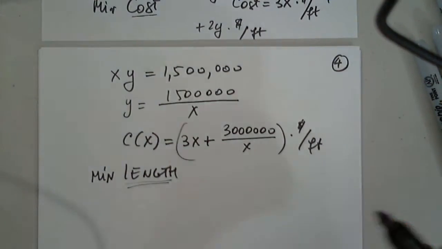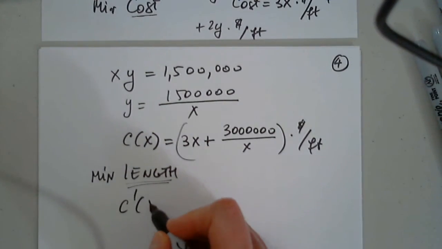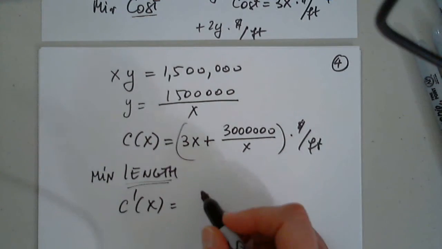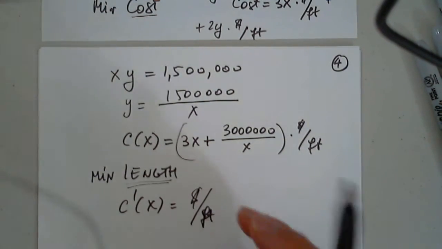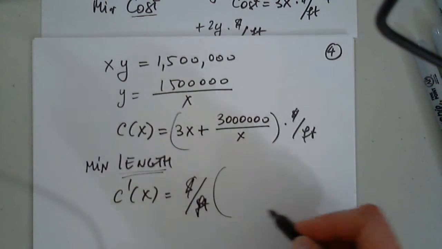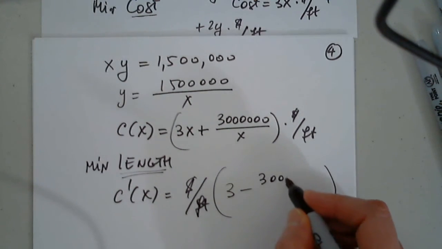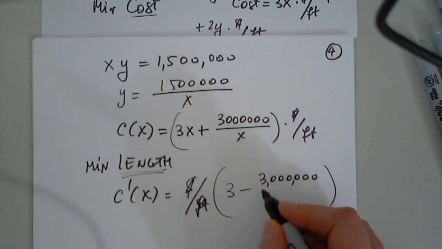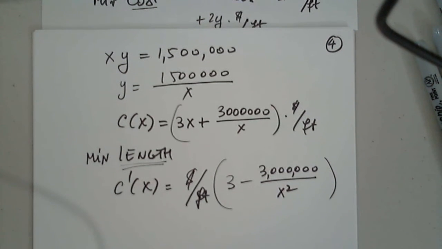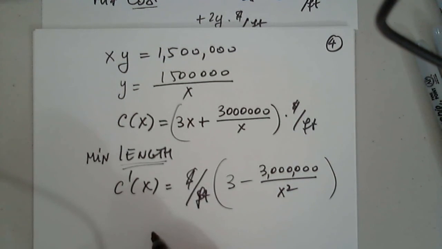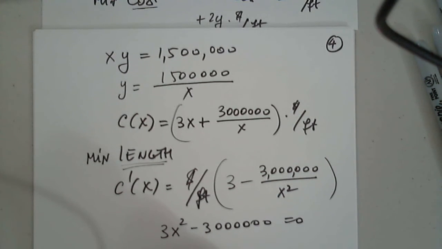When I differentiate, this is a constant, so put any price you want. I differentiate this and get 3 minus 3 million divided by x squared. With the least common denominator, I set that equal to 0. 3x squared minus 3 million must equal 0, over x squared. So x squared will be 1 million.